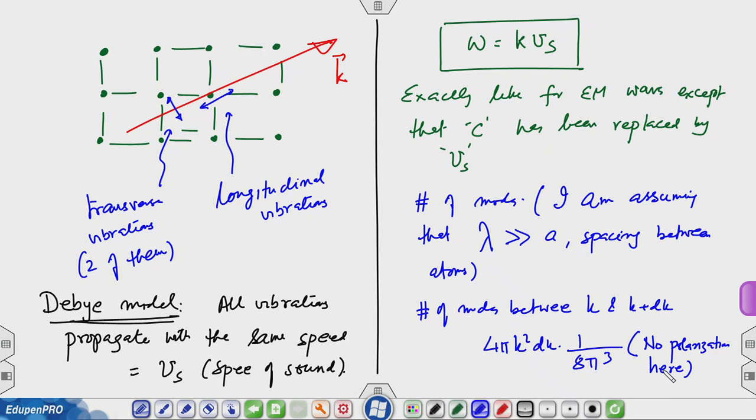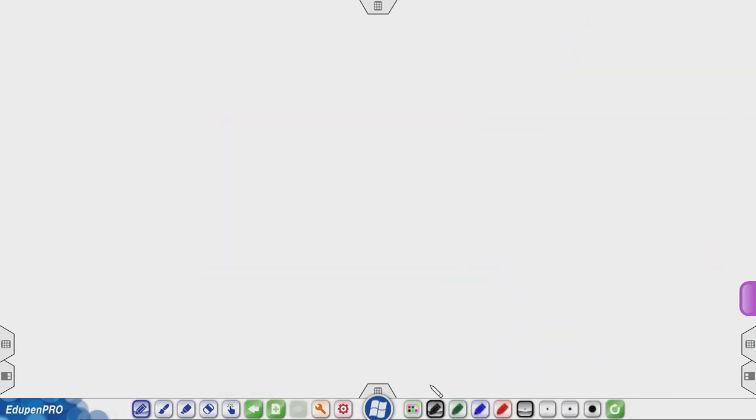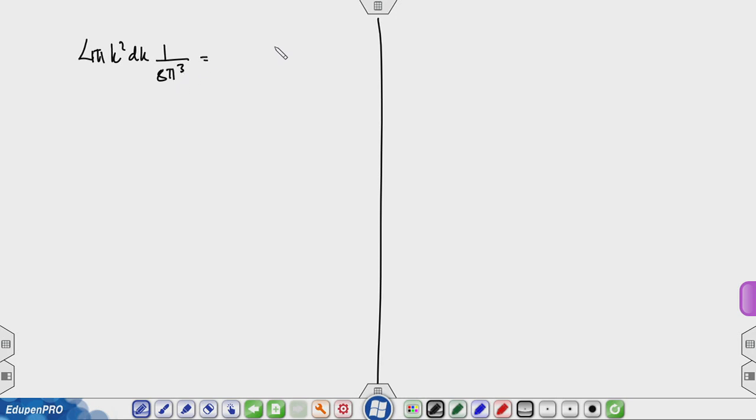So, the number of modes between k and k plus dk is going to be 4 pi k square dk times 1 over 8 pi cubed, which is 1 over 2 pi square omega square d omega over Vs cubed, which can also be written, if I write omega equals 2 pi nu, as 4 pi nu square over Vs cube d nu. That is the number of modes.